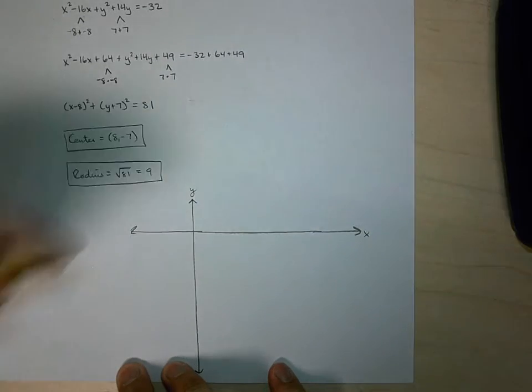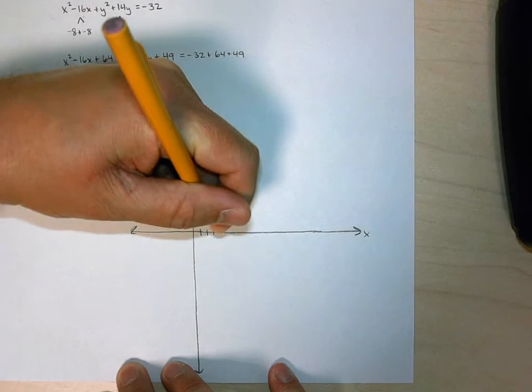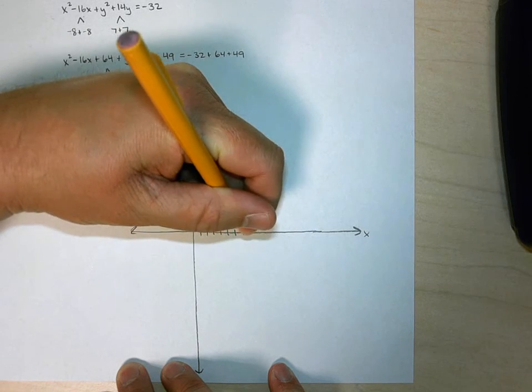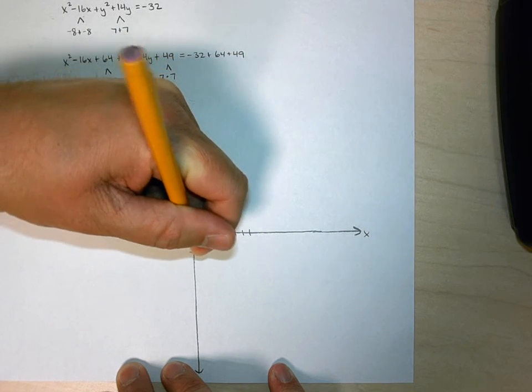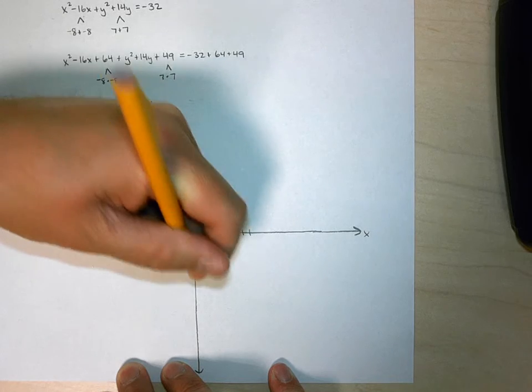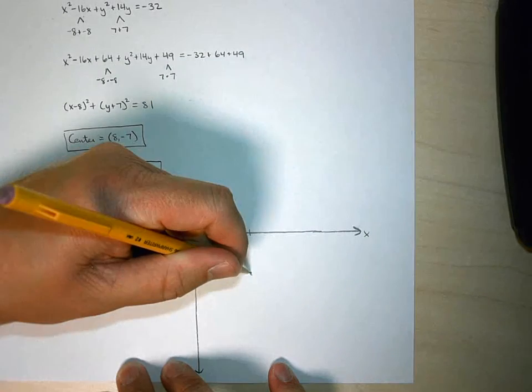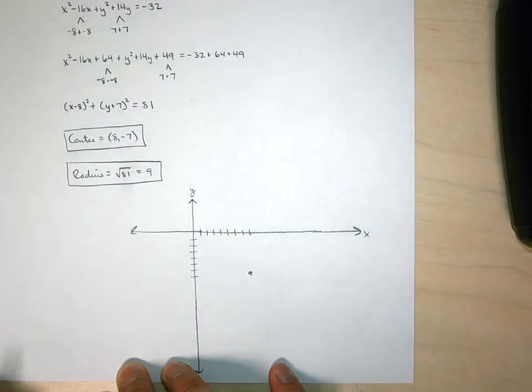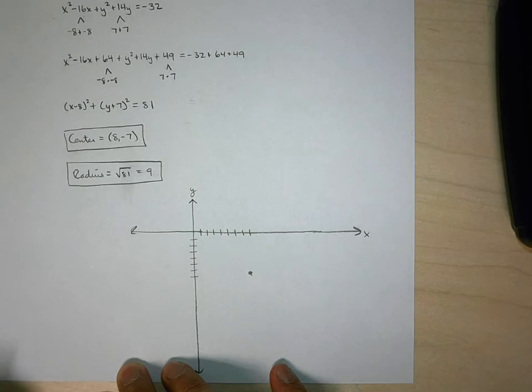So let's go to 8, negative 7. And then I'll go north, south, east, and west by 9 units.